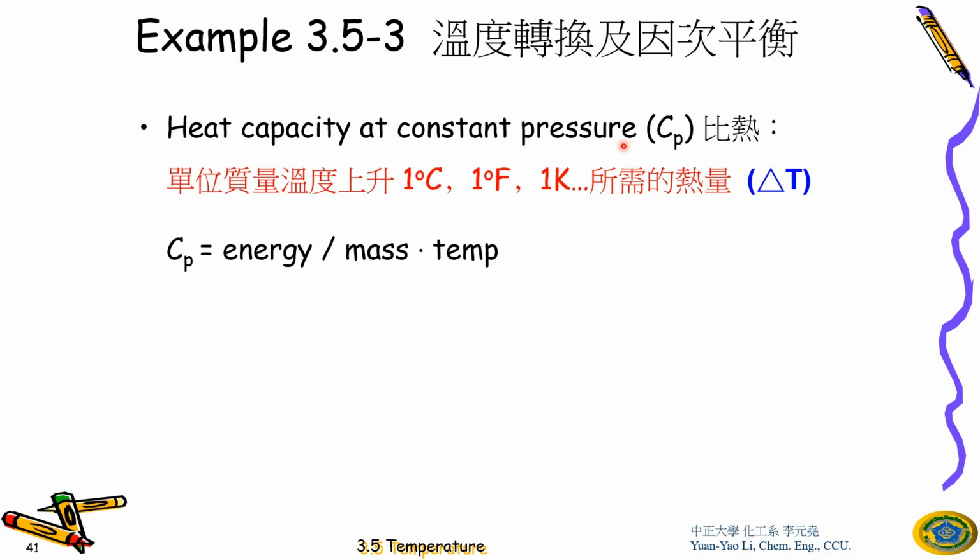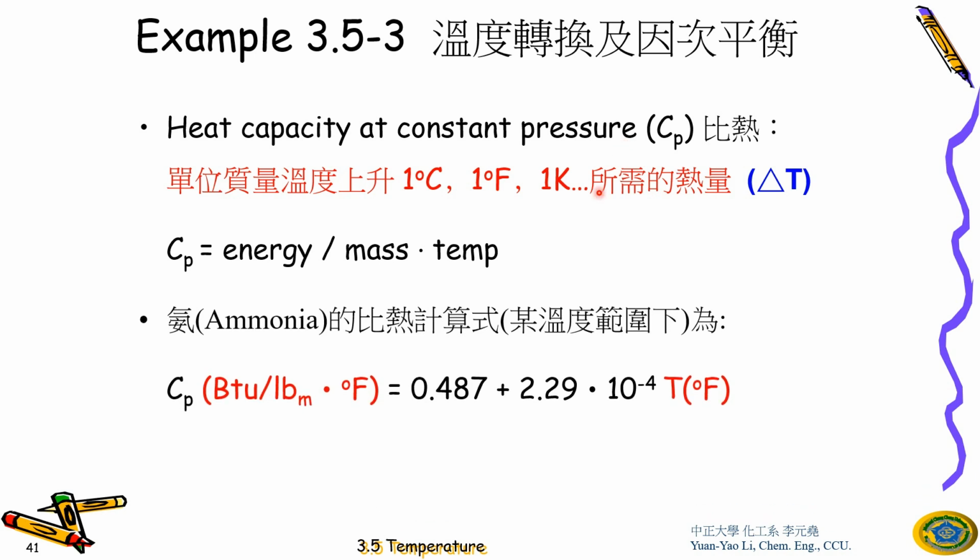So the Cp for ammonia is equal to 0.487 plus 2.29 times 10 to the minus 4 times T, where T here is in Fahrenheit. This is the unit of Cp, and this is the value of Cp as a function of temperature.